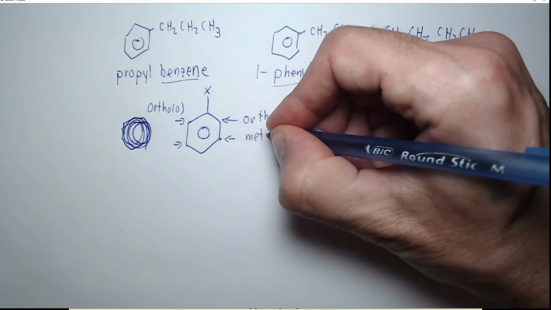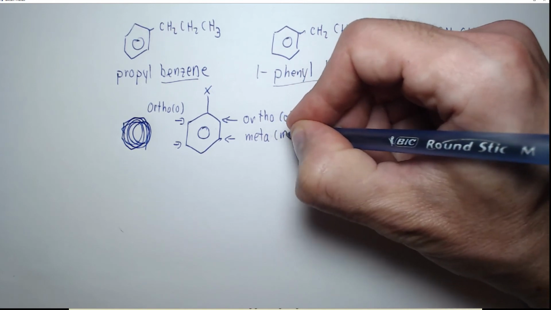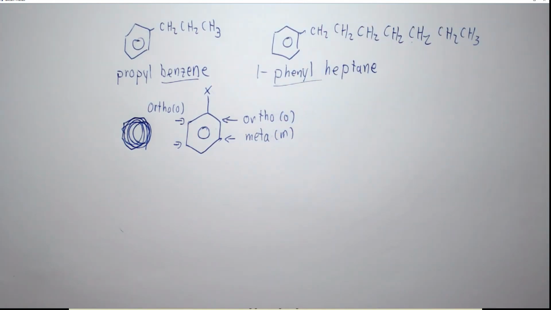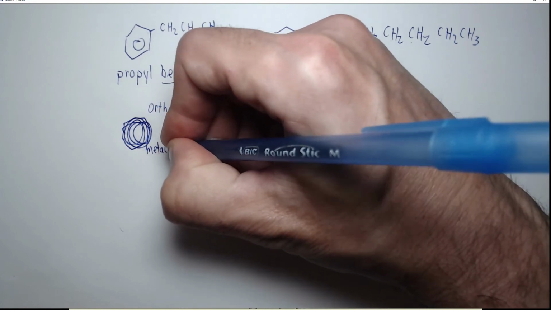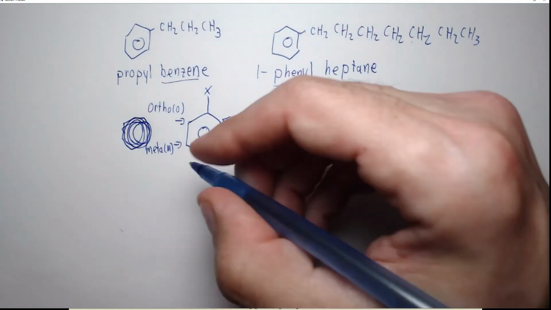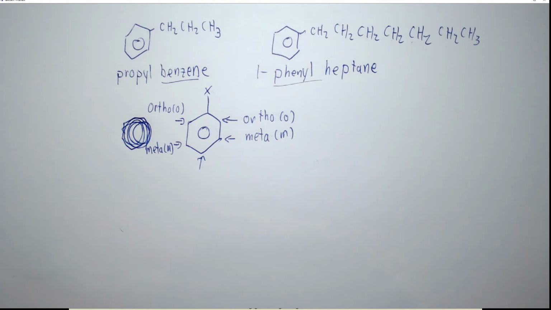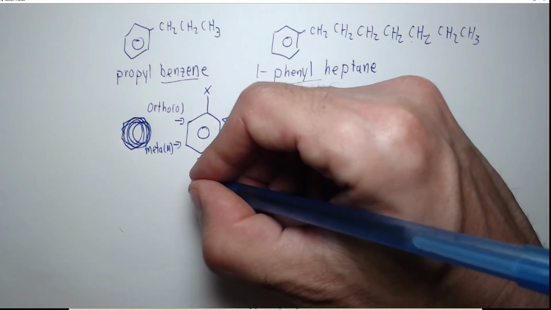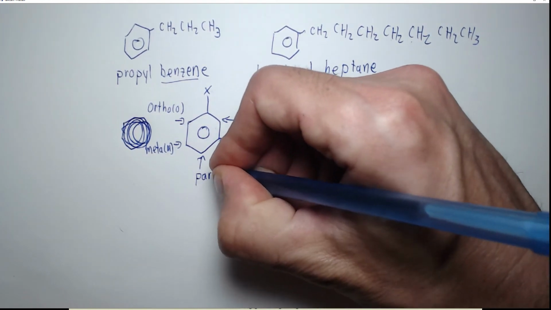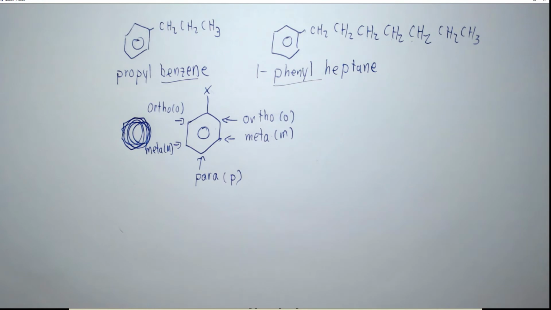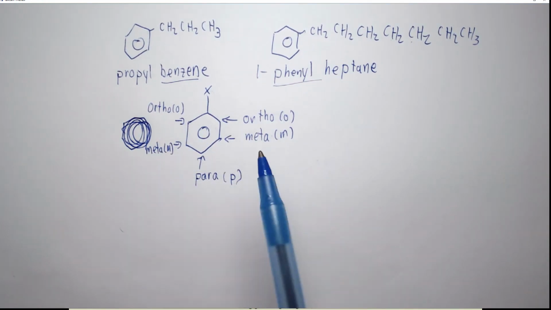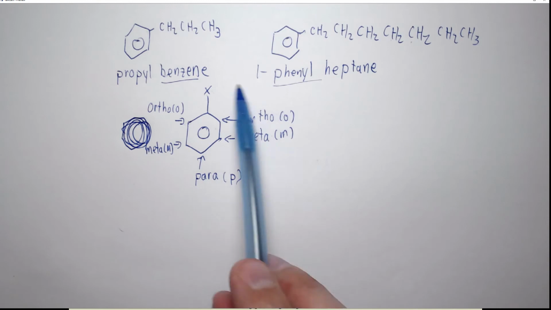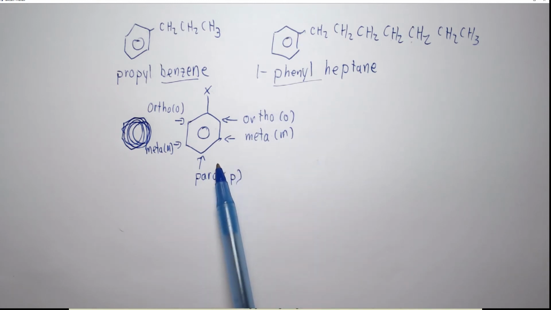These are called meta, which is, not surprisingly, abbreviated sometimes as just M. And this one is meta, or just M. And then finally, down here, and there's only one of these possibilities, we have para, which is sometimes abbreviated as P. So we can have ortho, meta, and para substitution for two substituents on a ring.